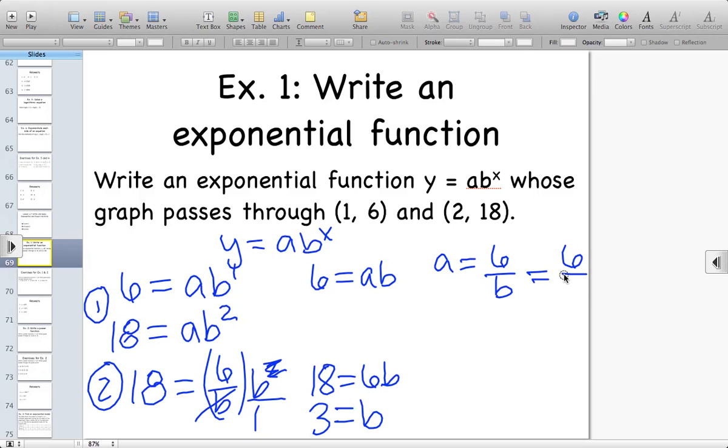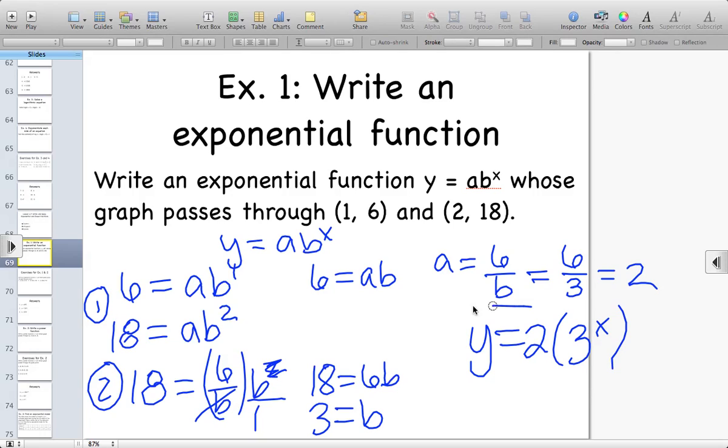So 6 divided by 3 is equal to 2. We need to write a function, with x and y as variables, because that's when we plug in our x to get our y. We just need to substitute in the a and b. So y is equal to 2 times 3 to the x power. That's our function. Literally, that is it. That's all we have to do.